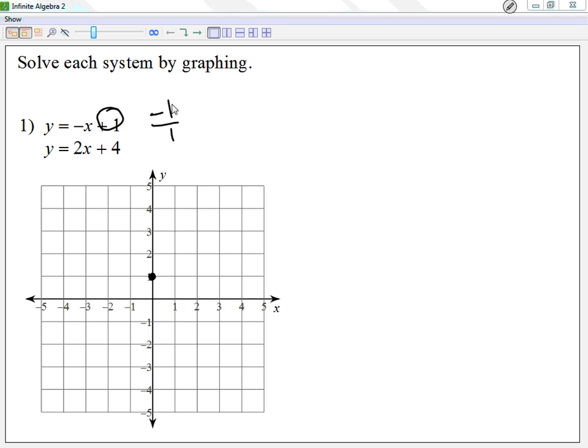What this says is go down 1 and 1 to the right. So from the point that I marked earlier, let me go down 1 and over 1. In fact, your algebra teacher even called it rise over run. You make a line that goes through those 2 points the best that you can.